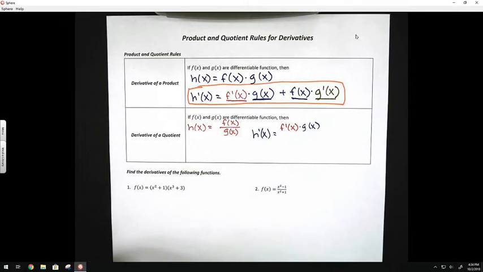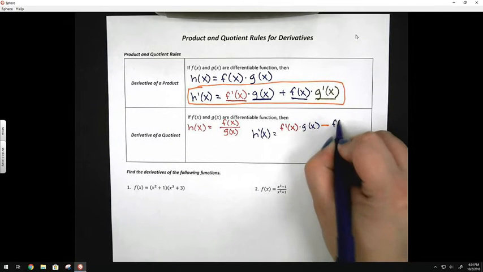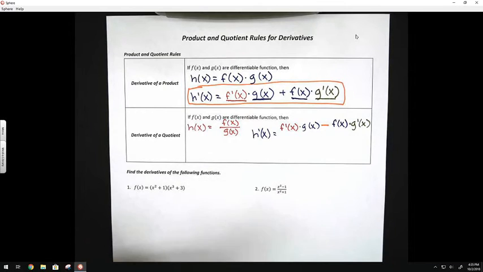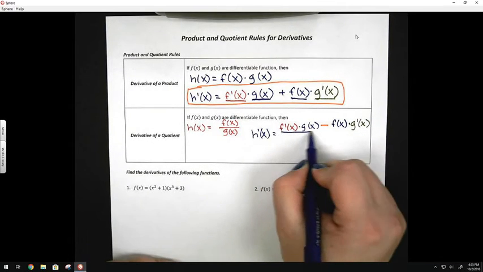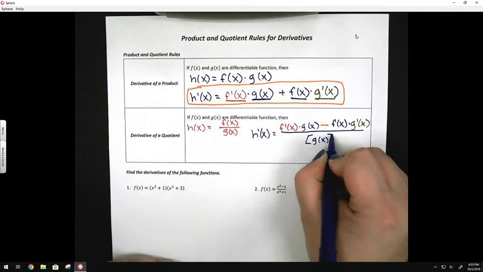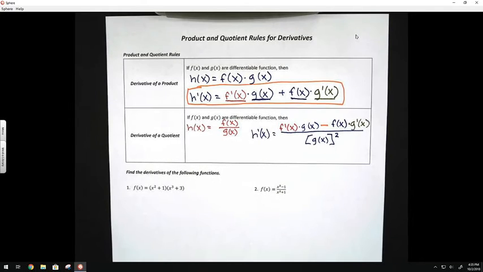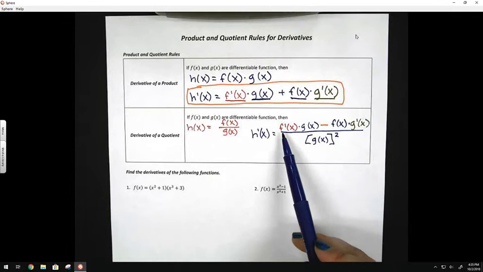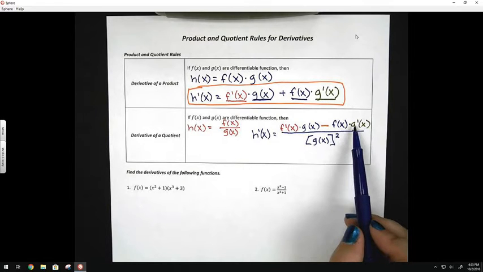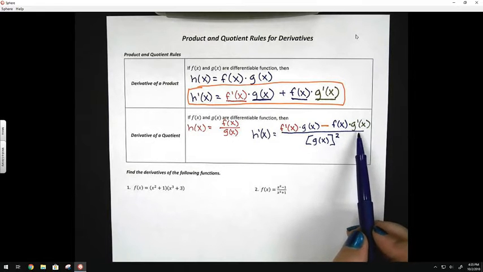But now we're going to actually do minus, because this is the quotient rule. So minus f of x, our original first function, times g prime of x, so times the derivative of the second. And this is going to be all over the bottom function, so g of x squared. So we have the derivative of the top times the bottom minus the top times the derivative of the bottom all over the bottom squared.